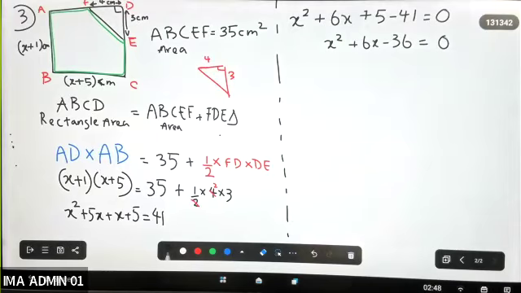Right. So next they're asking, by using completing squares or any other method, show that the length CF exceeds 1.5 cm.